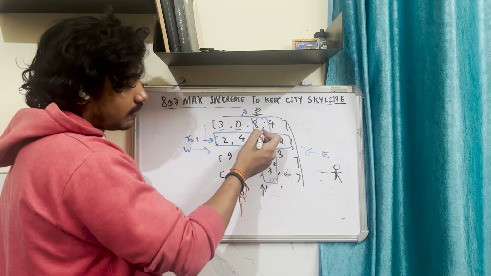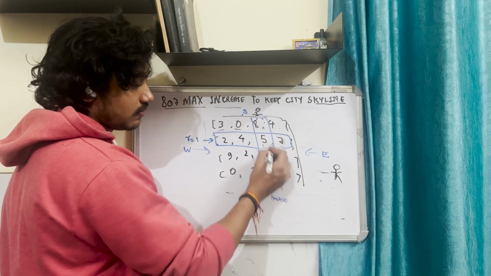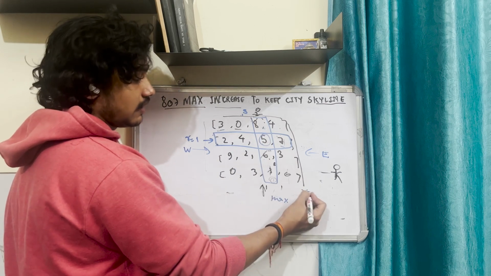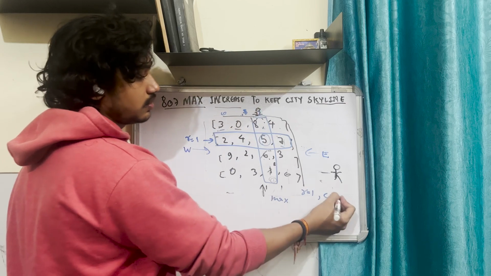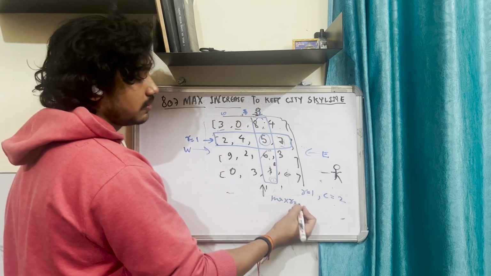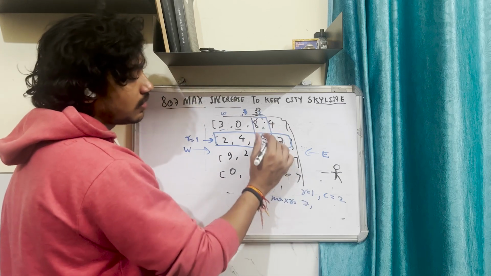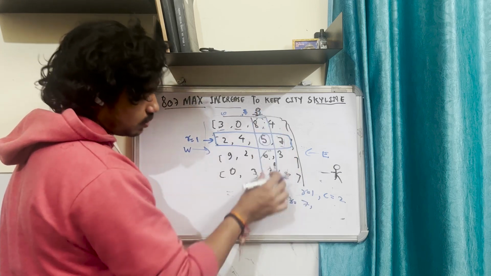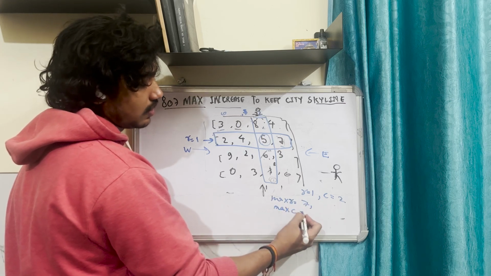So you found out the maximum of the row for this position, r equals 1 and c equals 2. You found out the maximum row building size, which is 7. Maximum column building size for this whole column is 8.